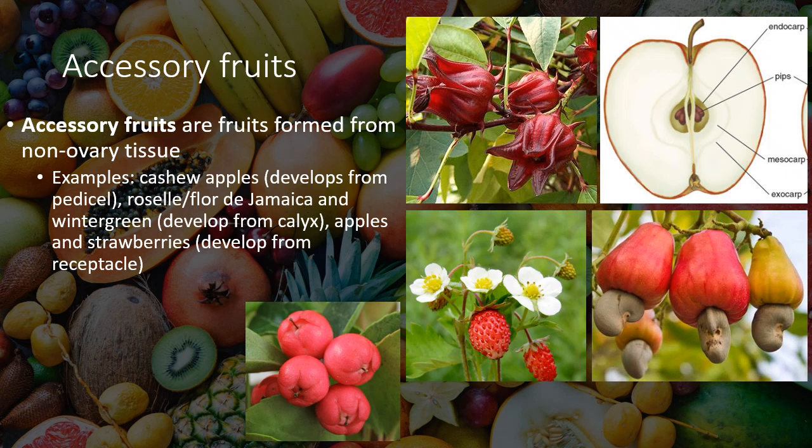Another good example in this picture that's kind of off by itself to the left at the bottom is a wintergreen, and you can actually see the tips of the sepals on the butt end of the fruit. You can see that there are 5 sepals, and those sepals, or the calyx, once again, has swollen and become this fleshy fruit, and we can actually see that the ovary is kind of inside.